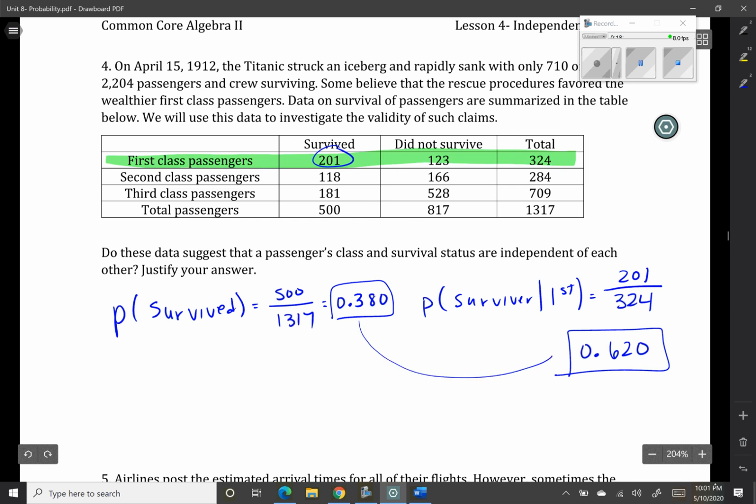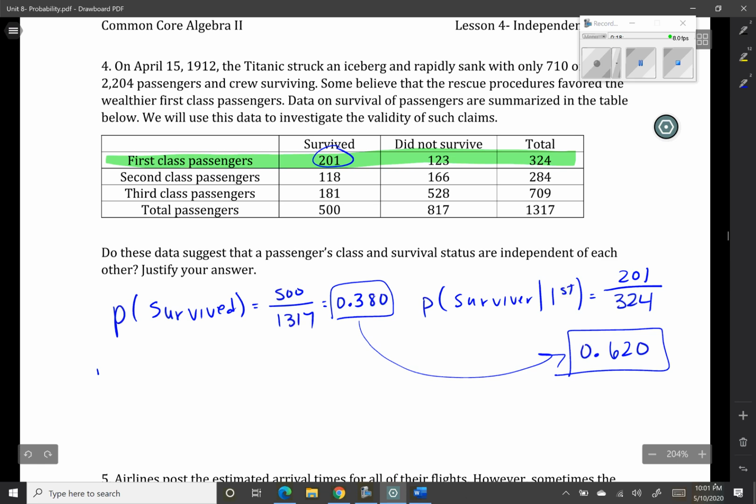This is a gigantic increase in probability. I went from being a 38% chance of being a survivor of the Titanic to knowing that I'm a first class passenger, now saying there was a 62% chance of surviving. We can clearly see that class affected the survival of the passenger, right?